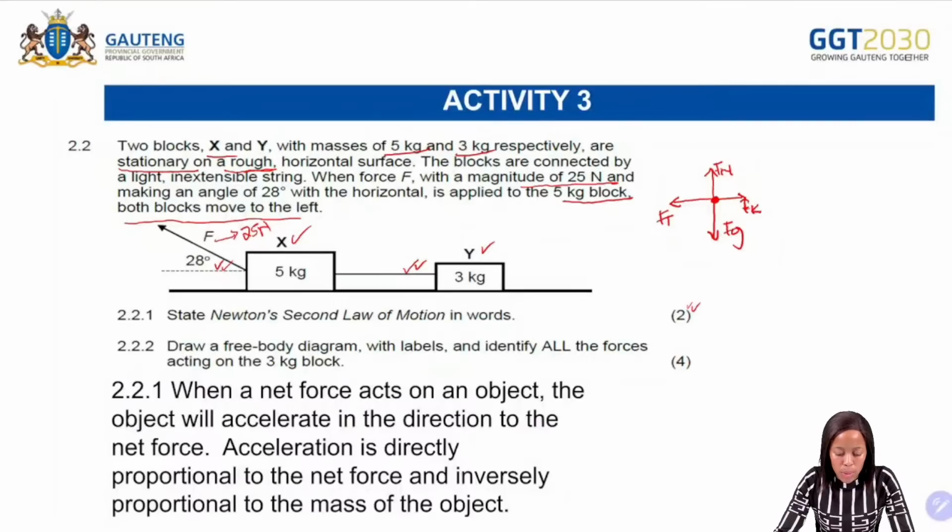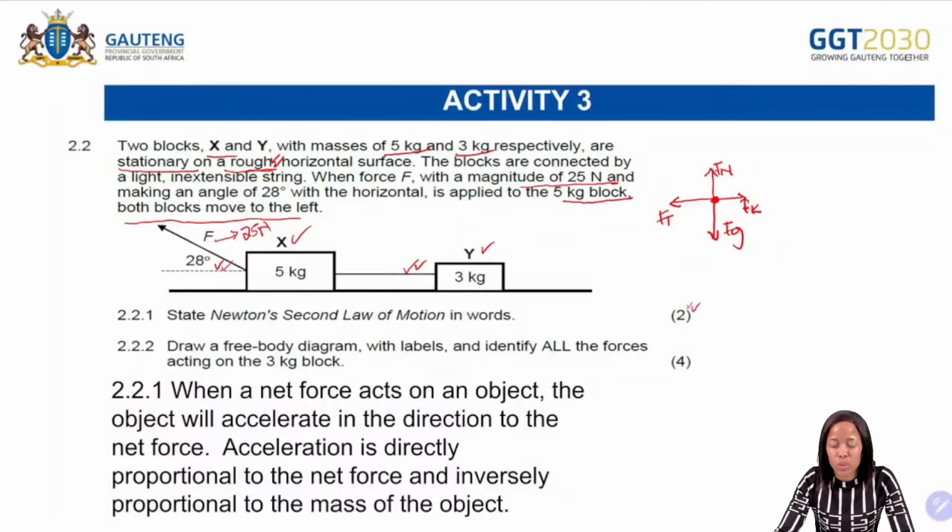Why are we speaking about kinetic friction? Because they spoke about a rough surface. So remember, with the free body diagram, whenever you draw your forces, you need to make sure that all the forces touch the dot.